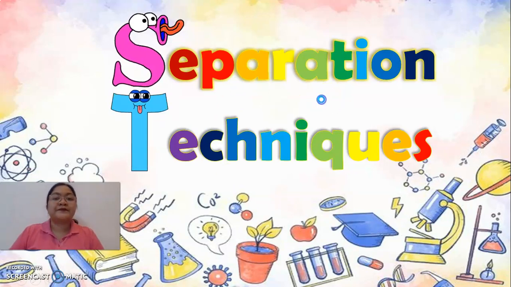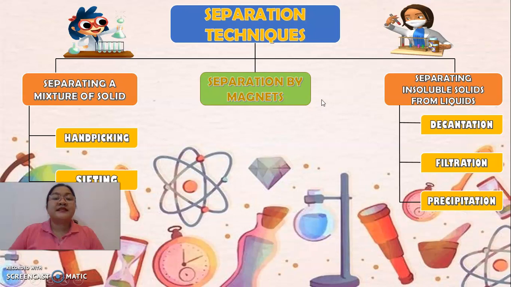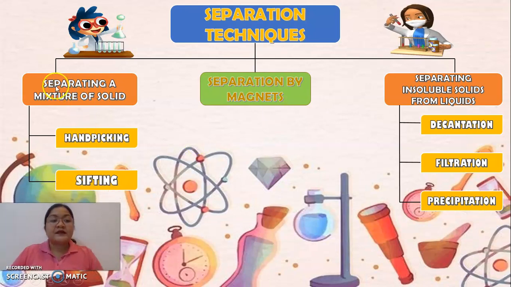Separation techniques has three types. Number one, separating a mixture of solids. Number two, separation by magnets. And number three, separating insoluble solids from liquid.